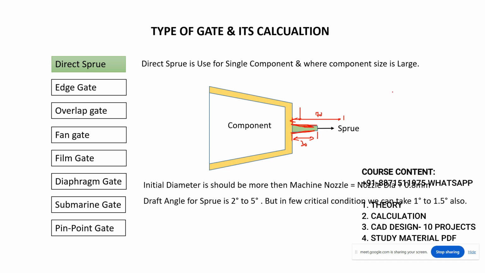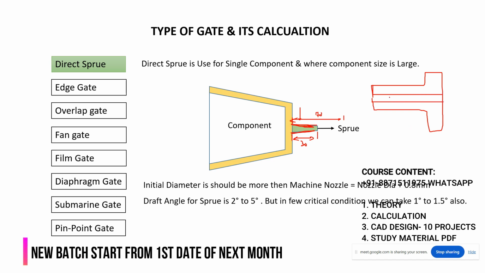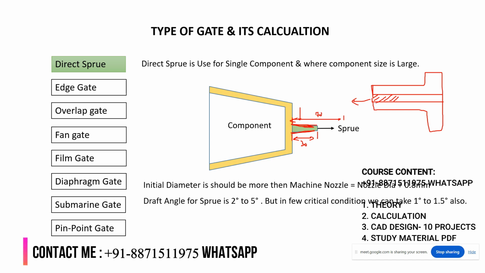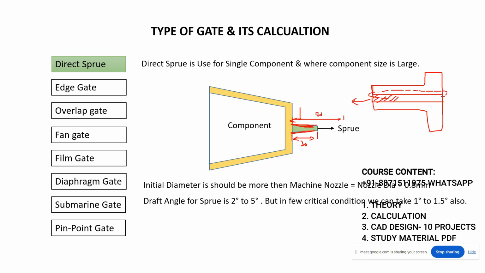For example, this is the sprue bush, and if you are giving the sprue at 90 degrees, just for an example, what will happen if you are removing this sprue from this direction? There will be friction between these two surfaces, the plastic and the metal, right?